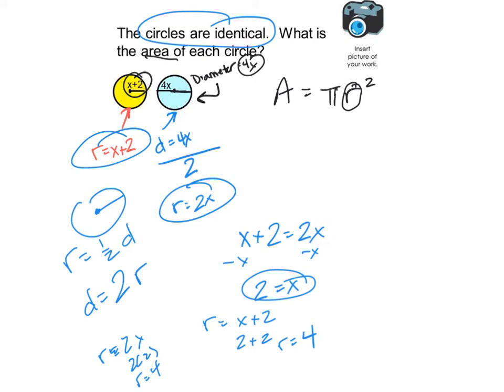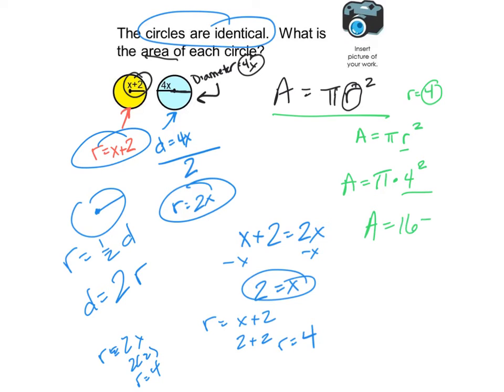Okay, so now I'm ready to find my area. My area is pi r squared. My radius is 4. So I'm going to substitute 4 in for my radius. Area equals pi times 4 squared. 4 squared is 16.